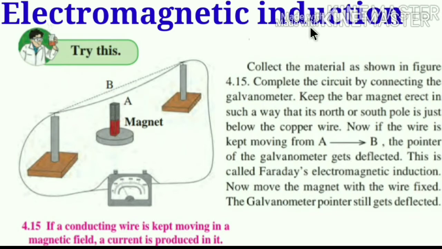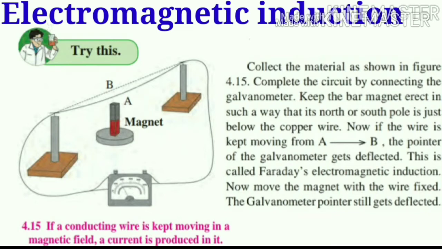In the electric motor, the conductor, that coil, is moving and the magnet is stationary. So what will happen here? In order to find the answer to this question, research was done by the great scientist Michael Faraday in 1831.